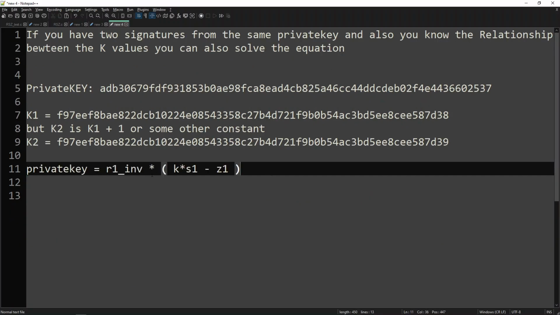This equation also becomes solvable for that case.